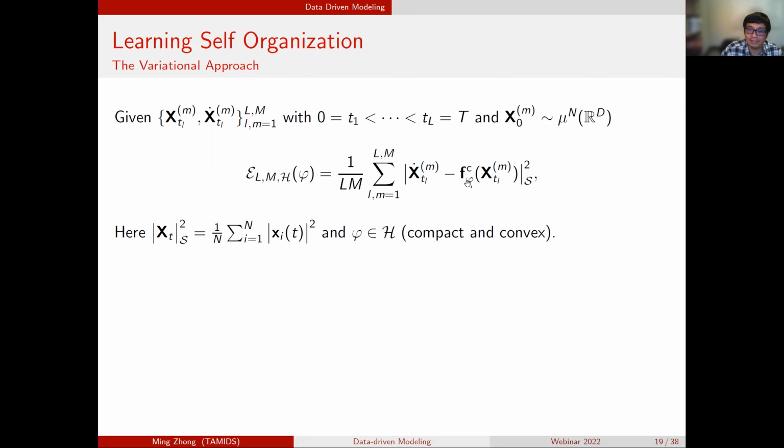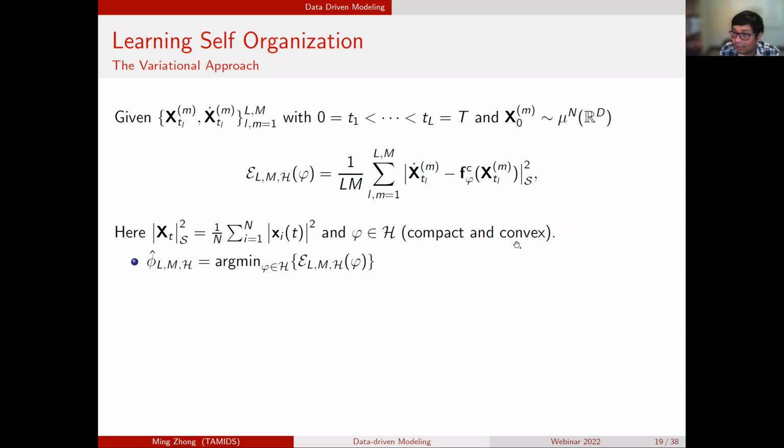So I shouldn't have a C here, but that is actually predicted on the observed states of my system. Okay, and then I'm going to minimize this distance as small as possible at any time. So I have the observation time here and for any initial conditions. Okay, and then I'm going to search for my minimizer over a really nice compact and convex search space.